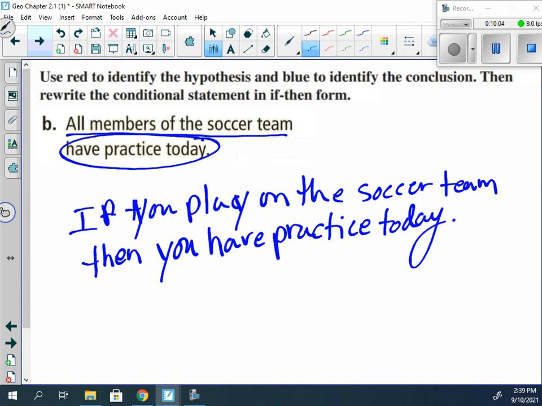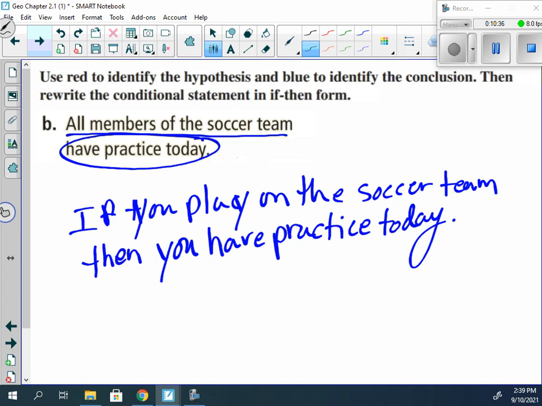There are different ways we could phrase it. If you're on the soccer team, then you have practice today. We need some way to show that they're part of the soccer team, because if we just say "if members of the soccer team," that sounds a little awkward. So we rephrase it to specify that they're not on any other sports team or someone who doesn't play any sports.